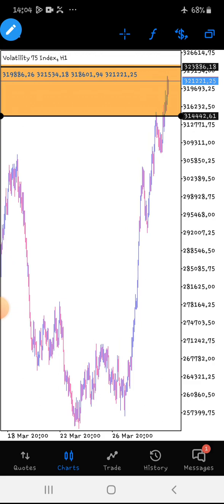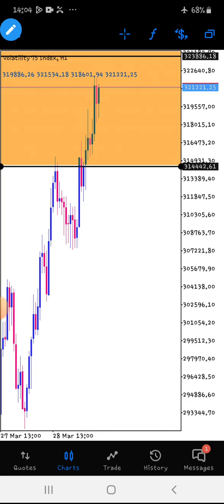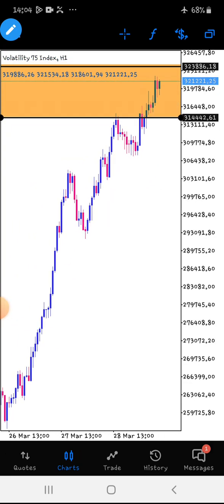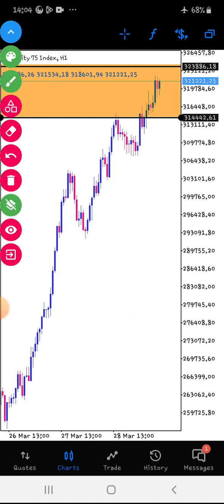When you reach H1, we have to find the high highs and high lows. I'm saying this is the high high, high low, high high, high low, high high. Now the market is in our killer zone.